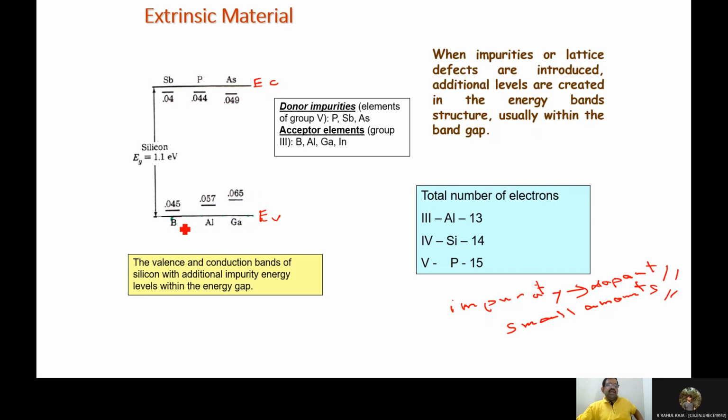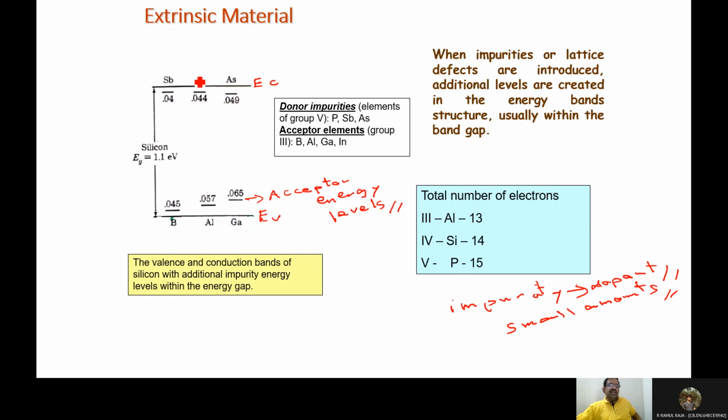Now, when I add boron, the boron level is close to the valence band edge of the silicon by an energy of 0.045 electron volt. Similarly, aluminum is close to this level and gallium is close to this level. So these are what are known as the acceptor energy levels. Because they are third group elements, they need one electron to get a stable configuration, so that it will come to octet.